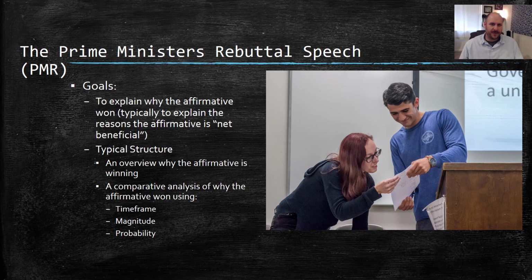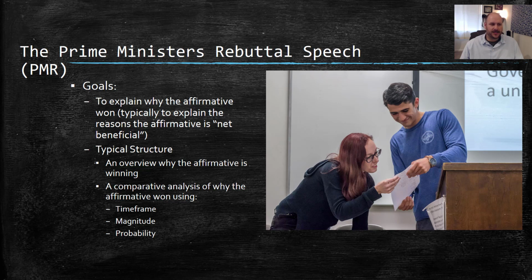The typical structure of the Prime Minister rebuttal, again, is to start off with an overview where you explain in a sentence why your case is more net beneficial and is resulting in that net beneficial change, typically through one or both of your advantages.